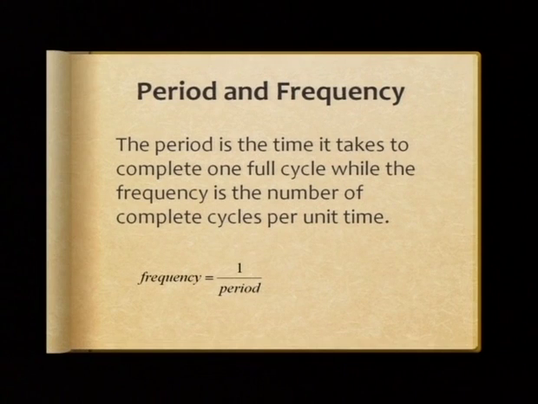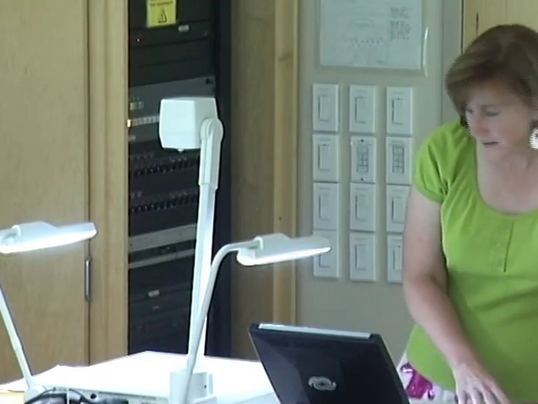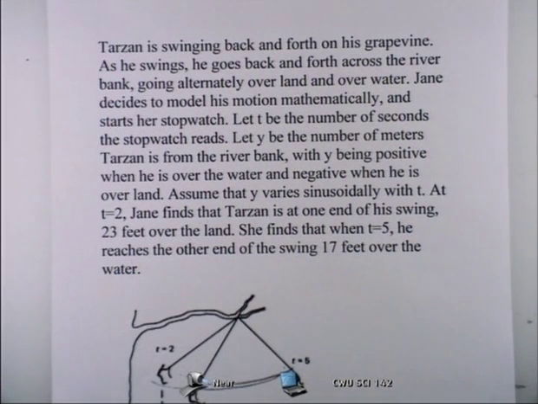All right, we're going to take a look at one example. This is a classic that all pre-cal teachers are pretty familiar with, the Tarzan problem. We've got Tarzan swinging back and forth on his grapevine. As he swings, he goes back and forth across a riverbank, going alternately over land and over water.